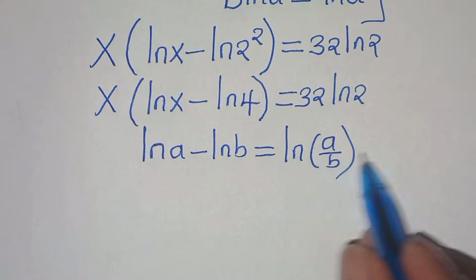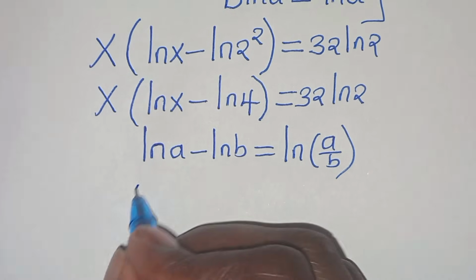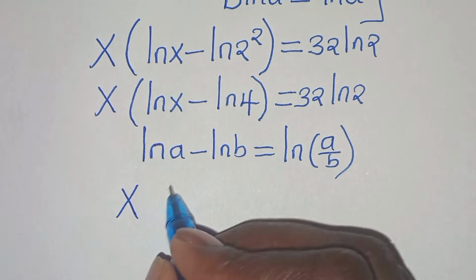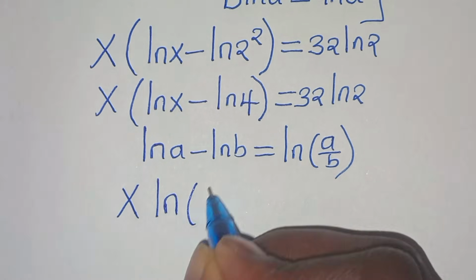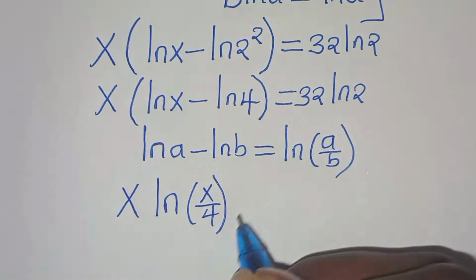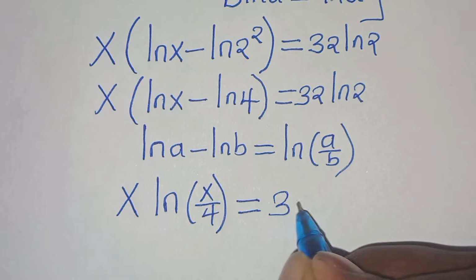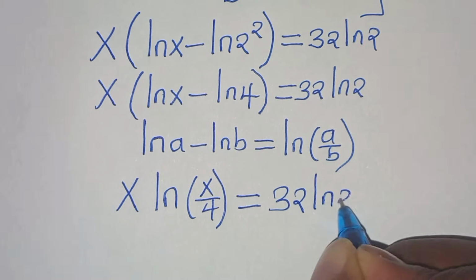So let's apply this property. So this means we have x into the parentheses, ln of x over 4. This is equal to 32 ln of 2.